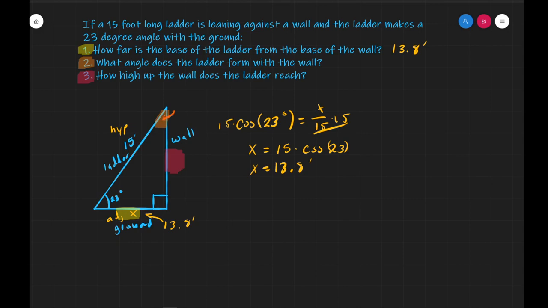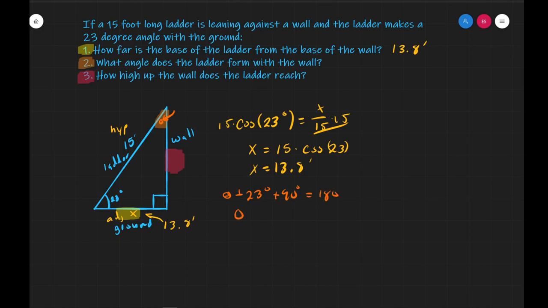So then, if we want to find this angle here, what angle does the ladder form with the wall? We can do our triangle sum theorem, where all the angles in a triangle have to add up to 180. So if we take the angle we're looking for, we'll call that angle theta. Theta plus the 23-degree angle plus the 90-degree angle should add up to 180.